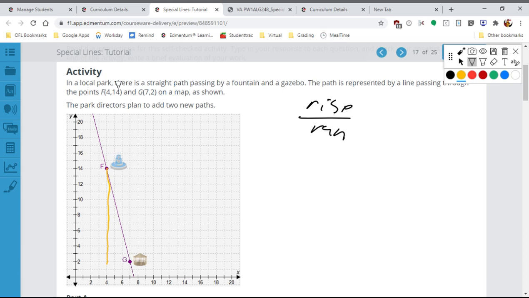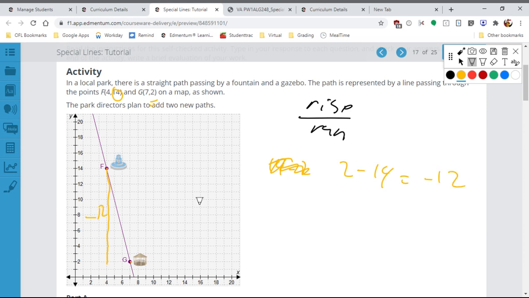So I'm going from this 14, all the way down to 2. So in other words, 14 take away 2, or if you want to do it more accurately, 2 take away 14, because you always want to do from left to right. I'm going to go down 12.